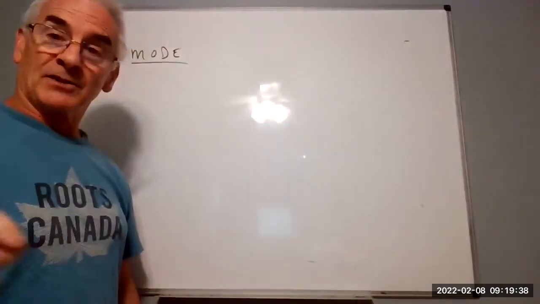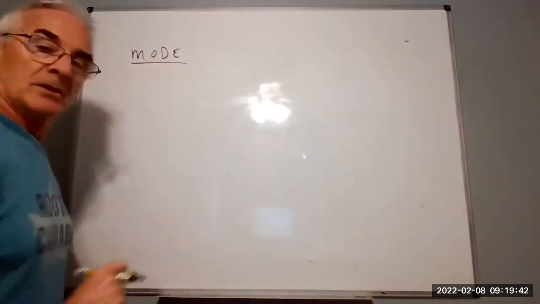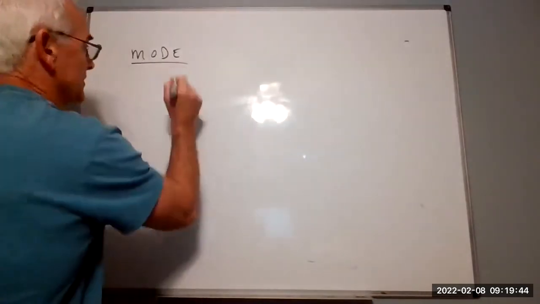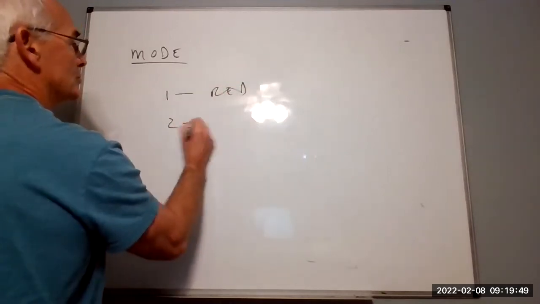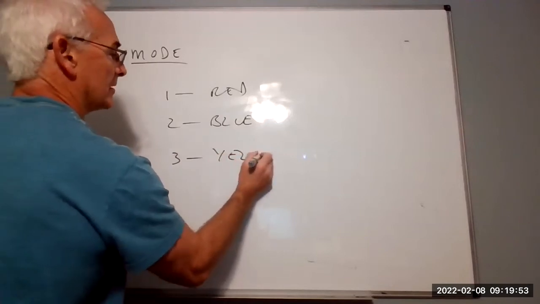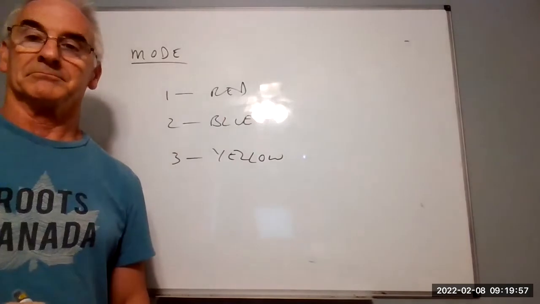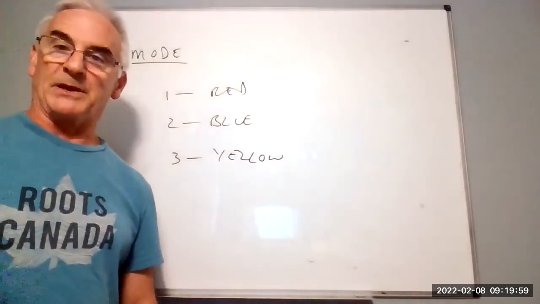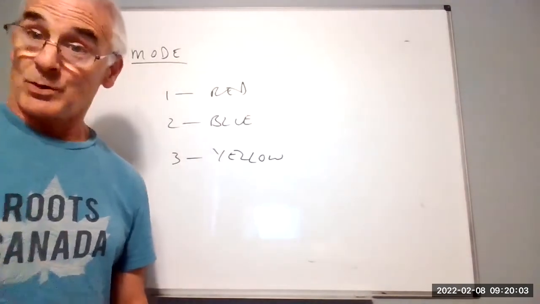All right, so here's the situation. You're going to choose your favorite color. Here's how it works: 1 is going to be red, 2 is going to be blue, 3 is going to be yellow. Those are your 3 choices, and you're just going to write down on a piece of paper 1, 2, or 3.